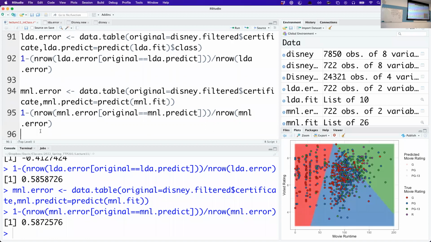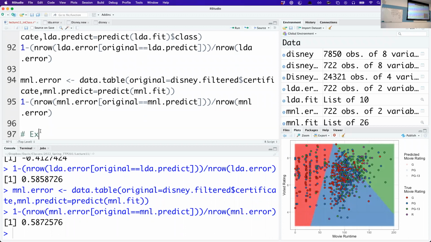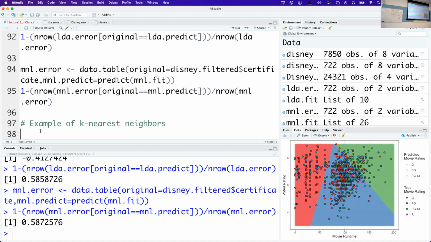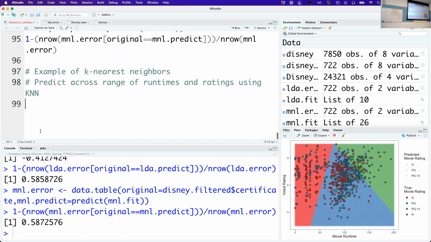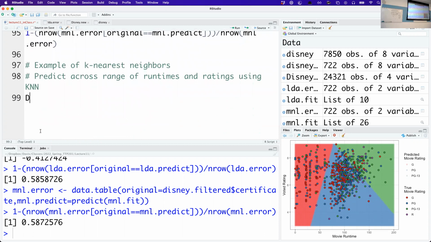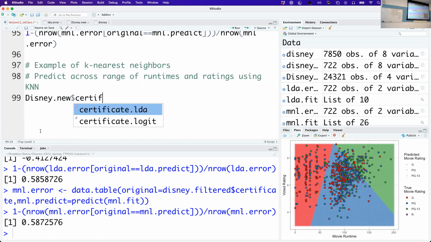So here we're going to do an example of k nearest neighbors, and we're going to predict the range of runtimes and ratings using k and n. I'm going to set this up in the same kind of way.